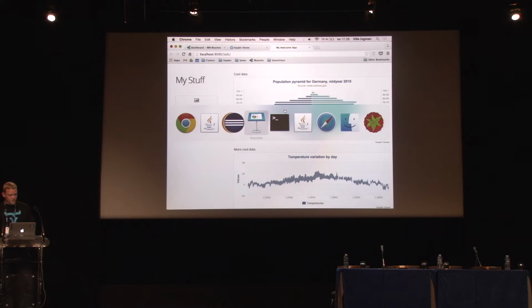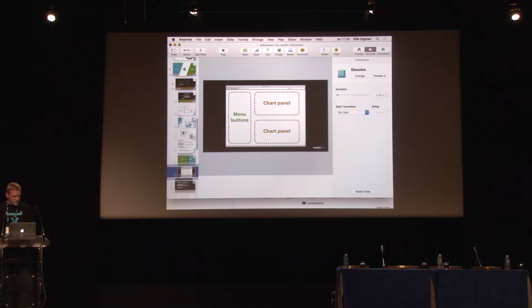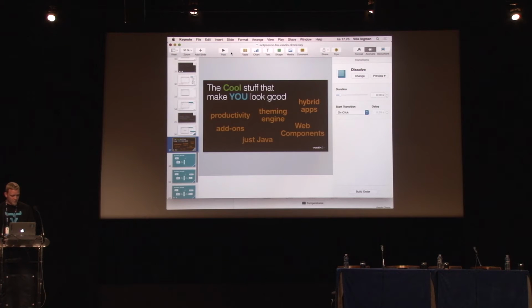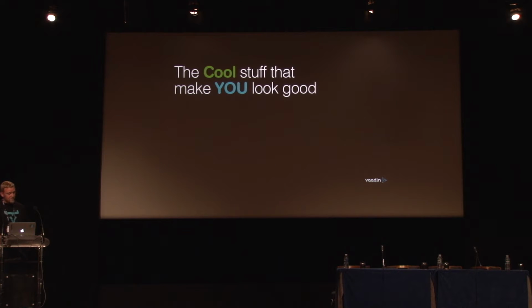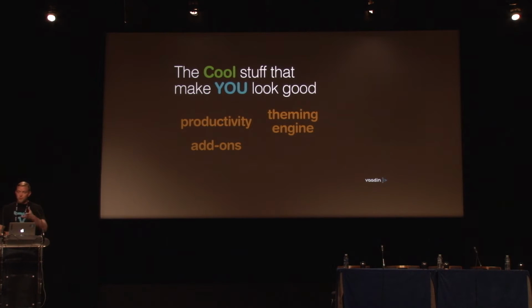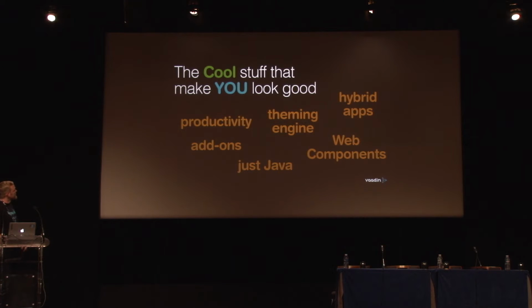Okay. So that's the Vaadin programming side. I'll save some time. And this is the last slide I'm going to talk about the Vaadin framework itself. So what are the cool things that make you guys look good? I think this is the most important thing in all frameworks. They have to make you guys look good so that they are good frameworks. So these are the things that I think are important here. The productivity is number one, of course.